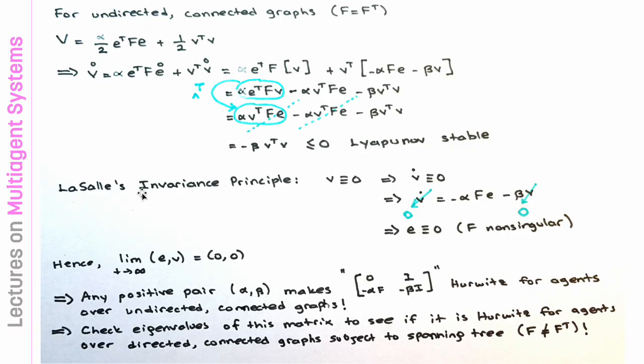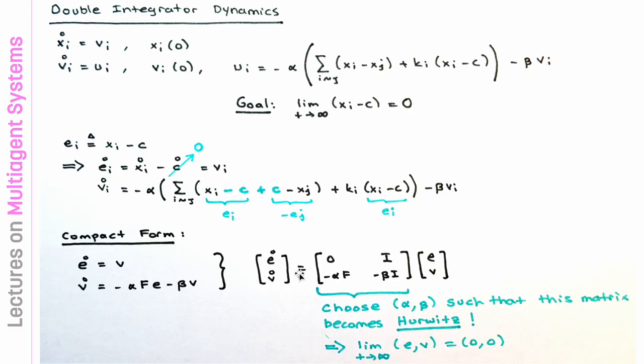So by LaSalle's invariance principle, you can show both error and V go to 0 for undirected and connected graphs for any values of alpha and beta. In other words, as I mentioned in the previous slide before the simulation, for directed or undirected case, as long as you make this matrix Hurwitz by properly choosing alpha and beta, then you are good to go.